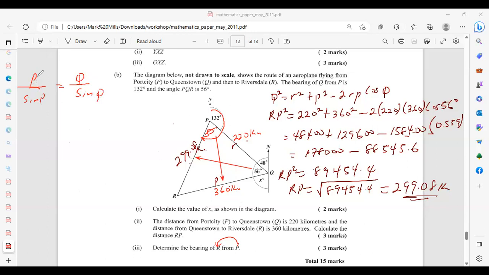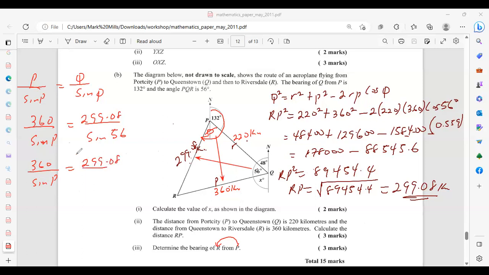What is my p? We're going to put 360 over sine P, which we don't know, is equal to q. q is 299.08 over sine 56. Then I'll put 360 over sine P, 299.08.